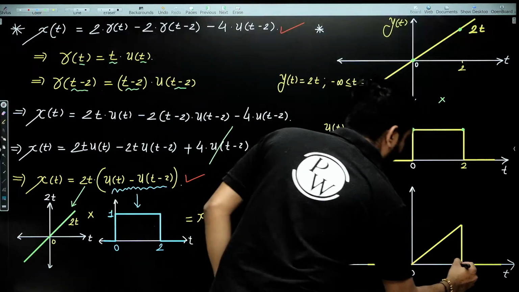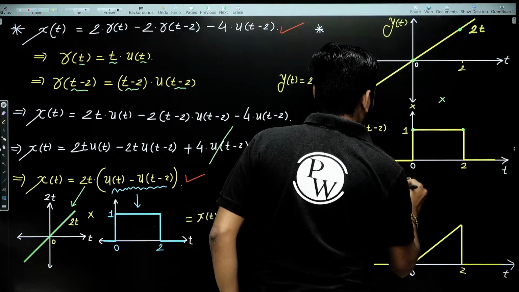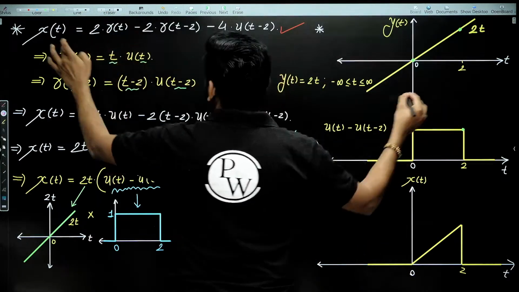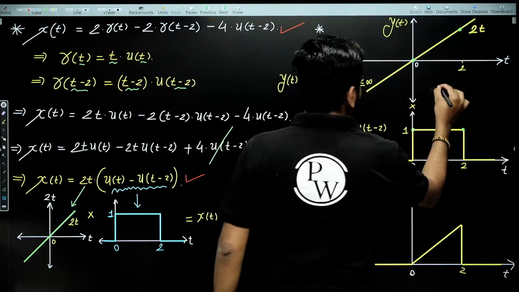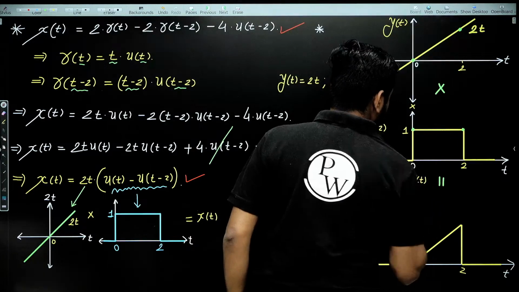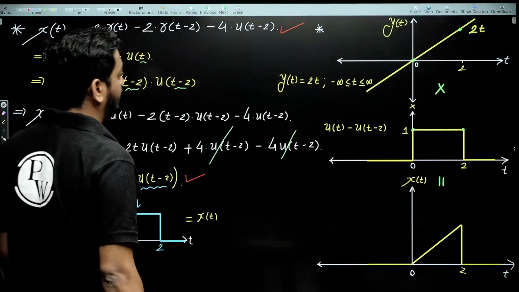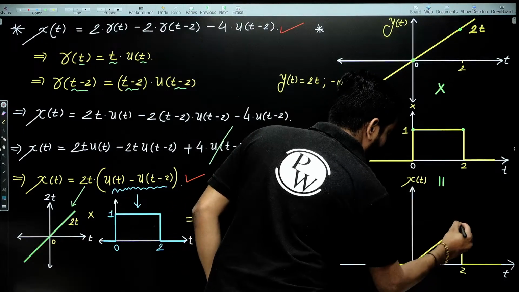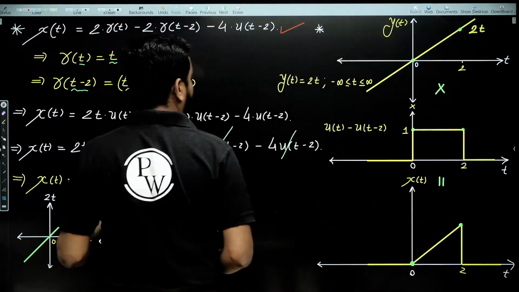Is this clear? Okay, so your x of t, the resultant signal x of t. Clear to each and everyone? I hope all the students are getting it. Correct.